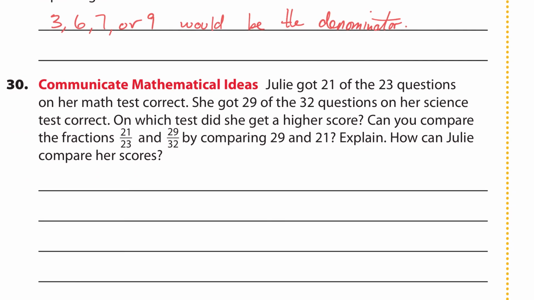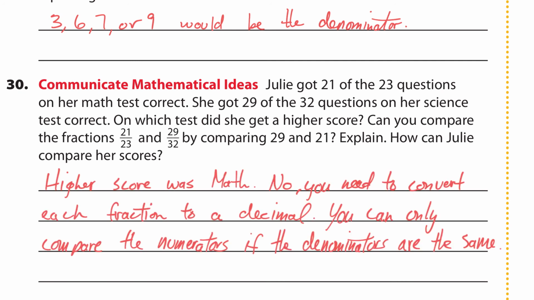So Julie got 21 of the 23 questions on her math test correct. She got 29 of 32 questions on her science test correct. Which test did she get a higher score? Can you compare these fractions, 21 out of 23 and 29 out of 32, by comparing 29 and 21? No. Not at all. How can Julie compare her scores? So what we got here is, well, the higher score was math.